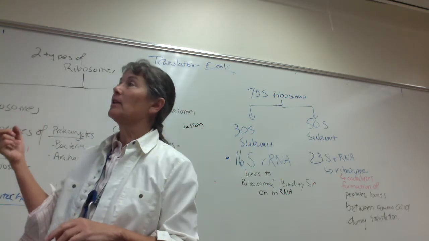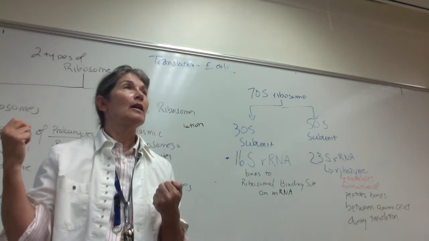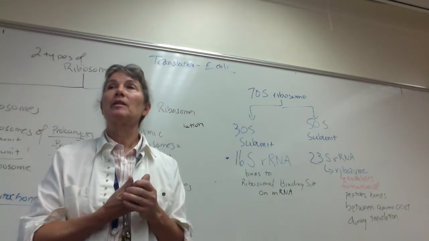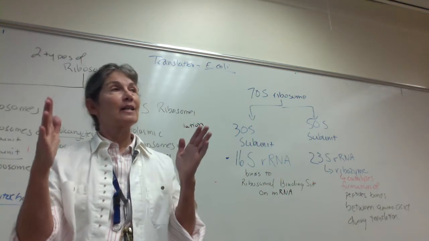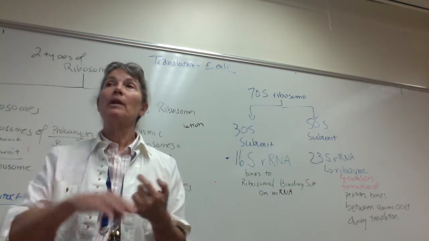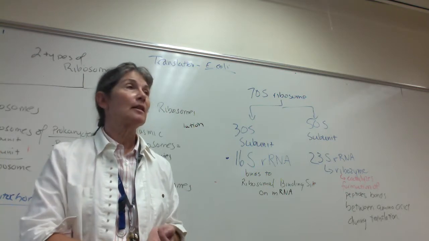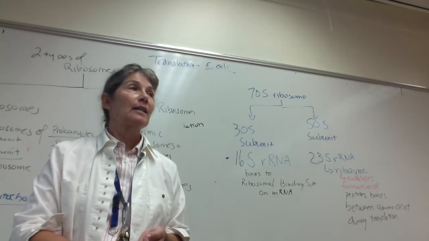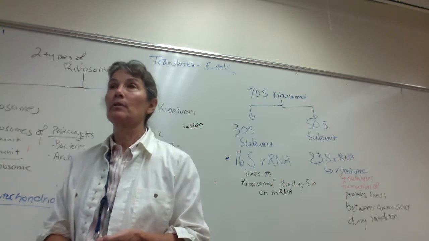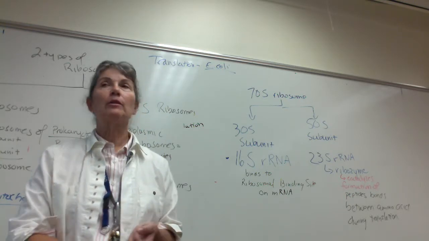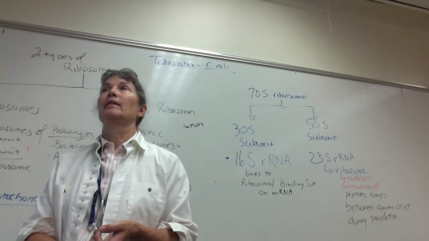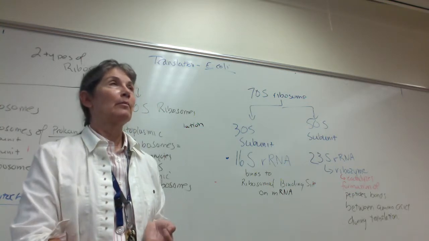But the reason I wanted to show this slide is, do you remember back in metabolism how we were talking about enzyme inhibitors? And we had that enzyme inhibitor worksheet. We were talking about penicillin, ampicillin, amoxicillin, the beta-lactams that are irreversible competitive inhibitors of bacterial transpeptidase. And then we talked about clavulanic acid, an irreversible competitive inhibitor of beta-lactamase.